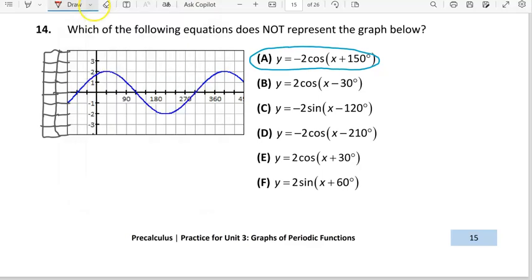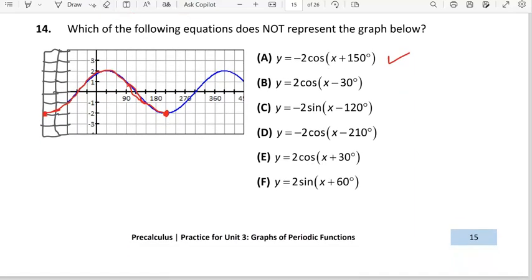So if I go backwards here to negative 150, then the graph would start right here and go to here. So negative 150 to positive 210 is a 360 period. So that one is an inverted cosine function starting at x equals negative 150. So that one is actually valid. So I'm going to uncircle that one because that one actually works.